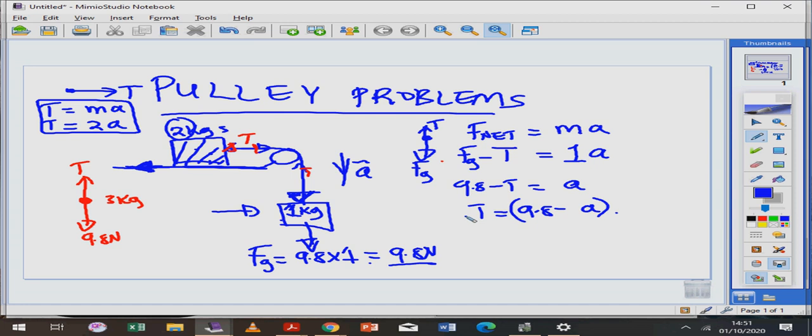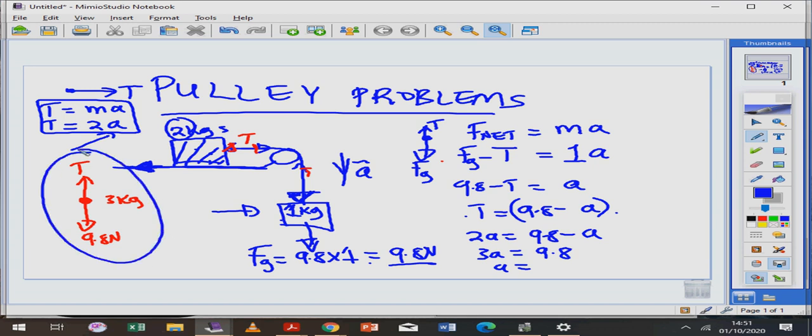Because tension is 2A, 2A is equal to 9.8 minus A. Then I end up with 3A equal to 9.8, and acceleration is 9.8 divided by 3. When I have the acceleration, I can substitute it here to find the tension in the rope in this system.